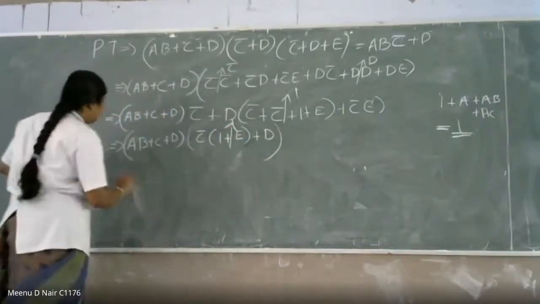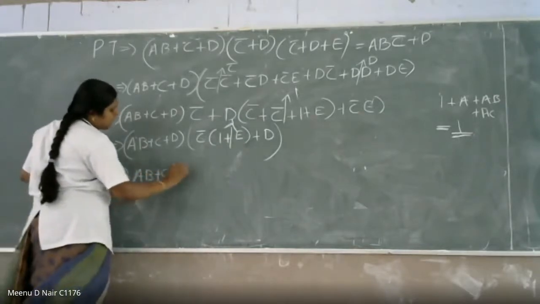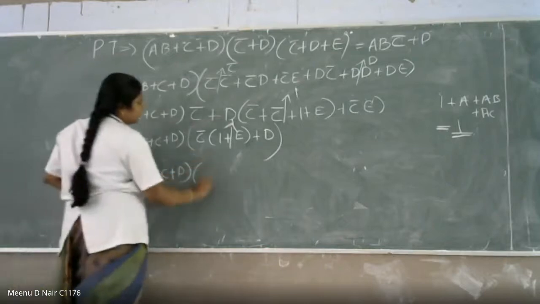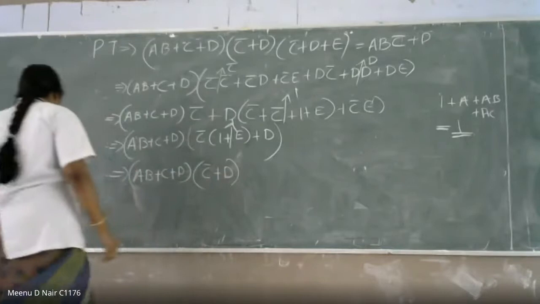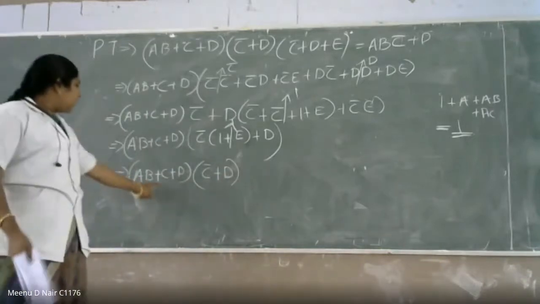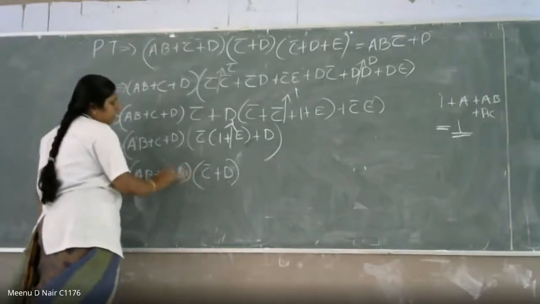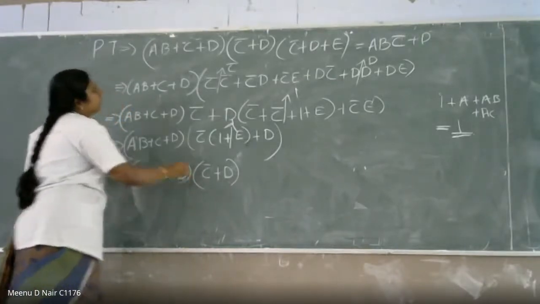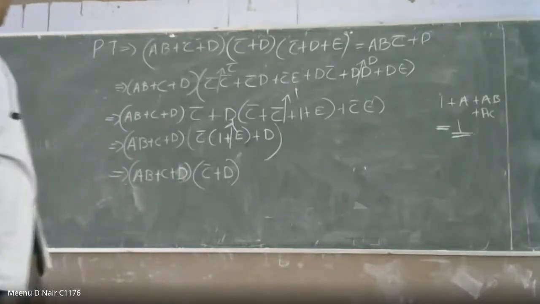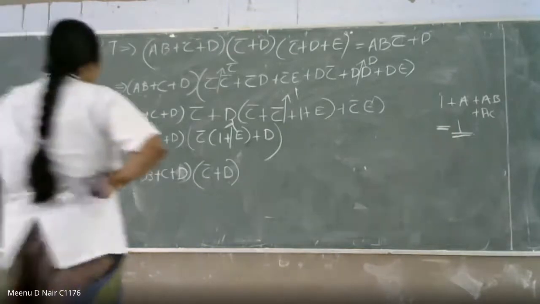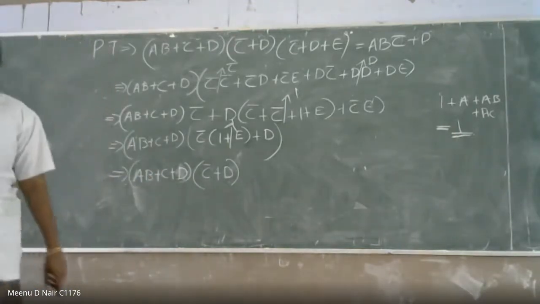So the answer will be AB plus C plus D into C bar plus D. Now what you have to do is expand the second term and find out the answer and check whether you are getting A, B, C bar plus D. Now you have to expand this fourth step and find out the answer.